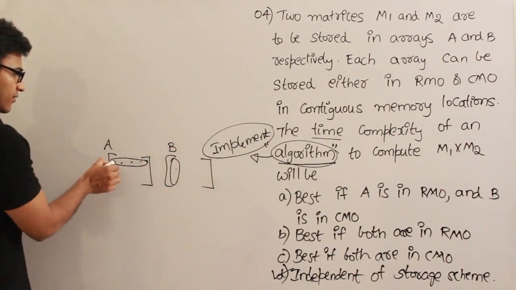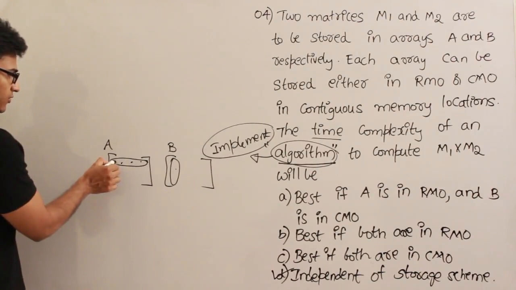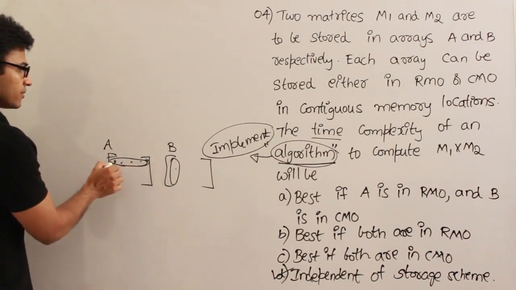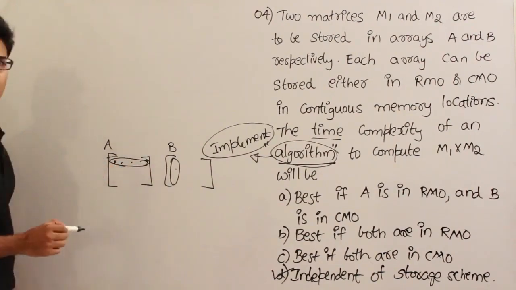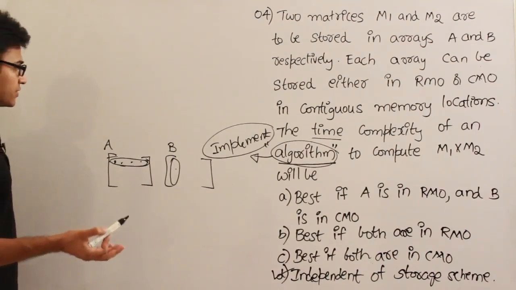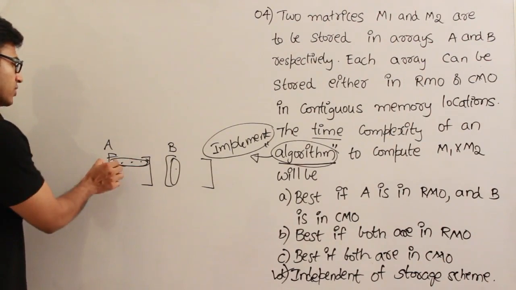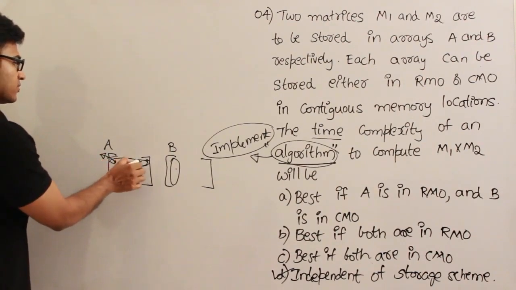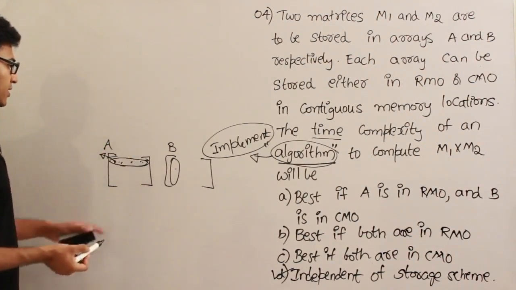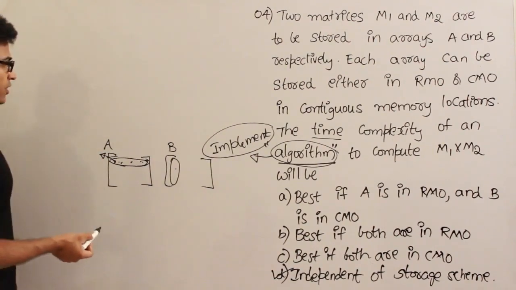The reason is, whenever you try to get the first element of A, the entire row of A will be fetched in case you have row major order, because the chances are that one row might fall in one page. Therefore whenever you have the first element, the successive element accesses will be easier, right? Because they will be present in the main memory or in the cache.